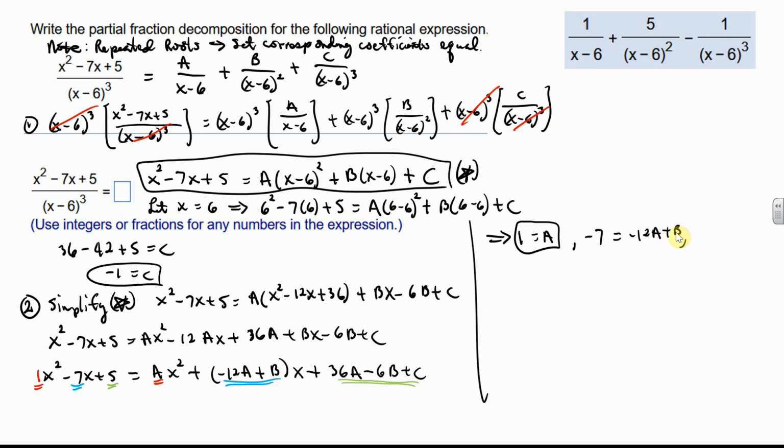I can use that to solve for b. And then that other one, at the end, we have 5 is equal to 36a minus 6b plus c.